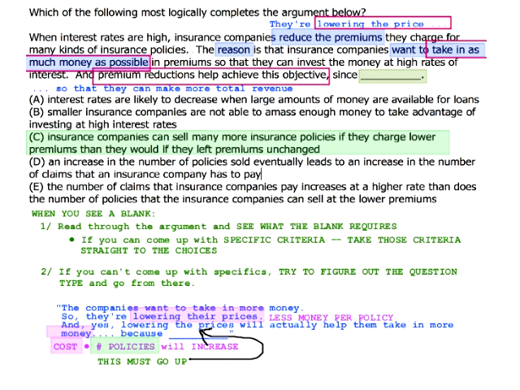In order to answer this question, what does one need to know? No, you don't. You just have to understand some really basic math, because the words in the passage say that the only thing you have to understand is that cost times how many policies you sell is your total intake. That's it.